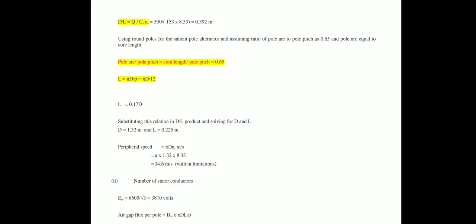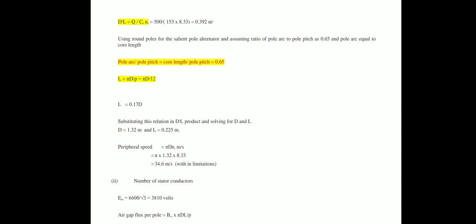Using round poles for the salient pole alternator and assuming the ratio of pole arc to pole pitch as 0.65 and pole arc equal to core length, pole arc by pole pitch, which is core length by pole pitch, is equal to 0.65.